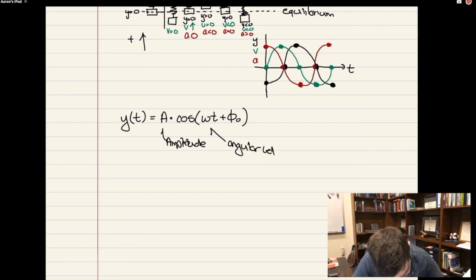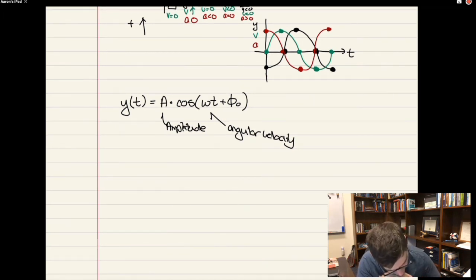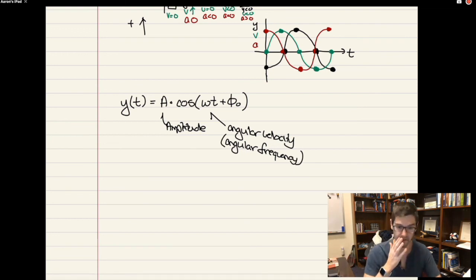This omega is, again, some sort of angular velocity, a sense of how frequently it is oscillating. When you're dealing with oscillatory motion, sometimes it's just called the angular frequency. And I will likely use that notation, but it is the same thing as angular velocity in a sense.